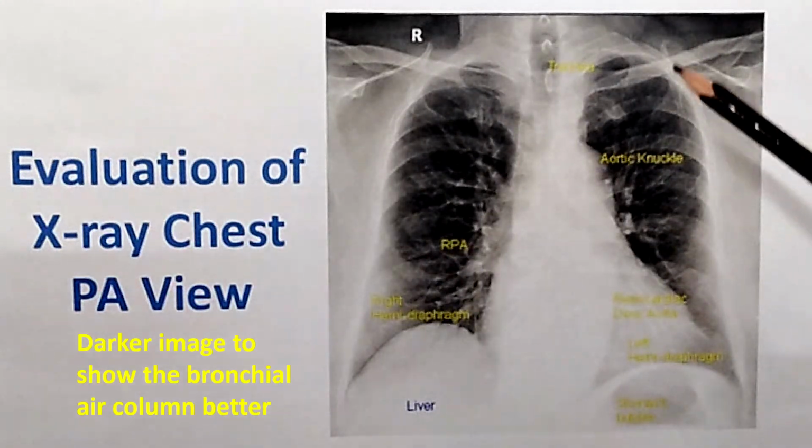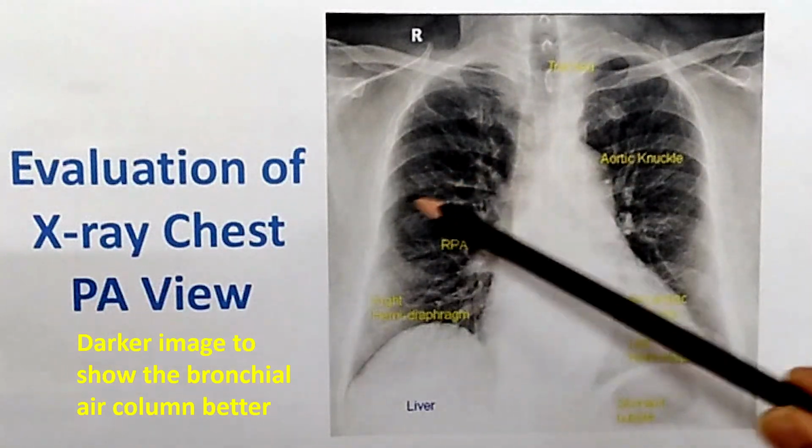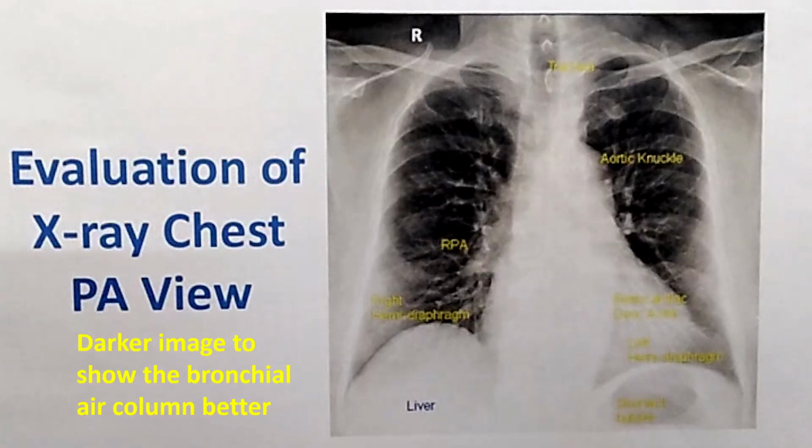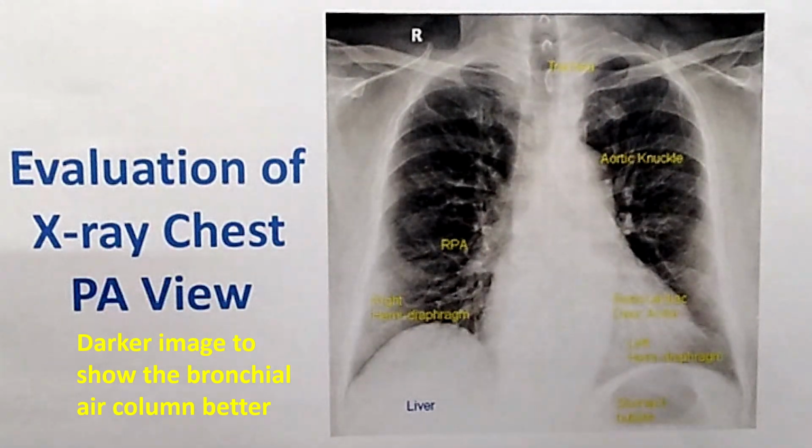Then in the ribs, you look for rib erosions on the lower borders of 3 to 8 ribs on both sides. Those are the things which you are likely to miss. Then cervical rib can be missed unless you look for it.